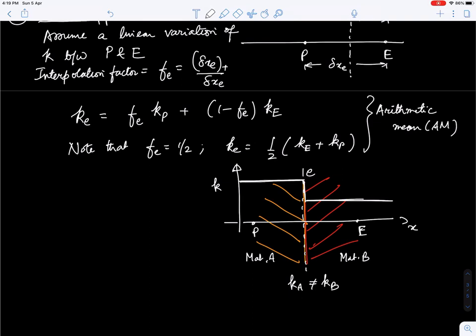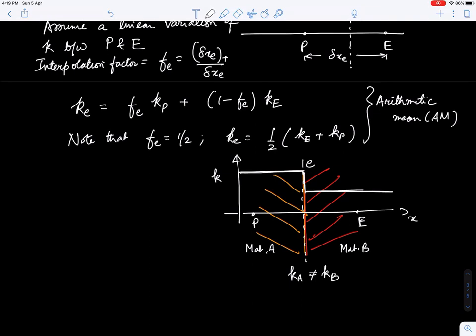So conductivity would change suddenly at this interface. But our formulation of averaging will say that the conductivity at this face E would actually be some average value. And so clearly that would give you a wrong assessment of the flux crossing this boundary.